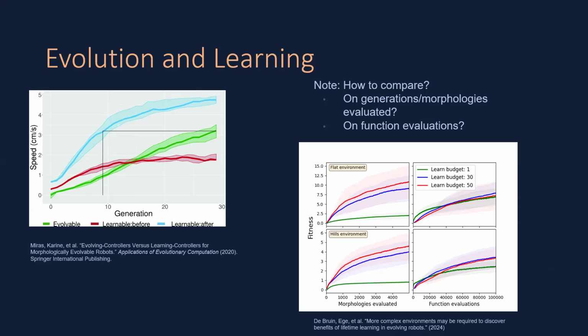So when you compare morphologies evaluated, the difference is much bigger, but when you compare function evaluations, it becomes much less. But again, if you really want to evolve real robots, it makes more sense to compare morphologies evaluated, because creating a robot takes much more time.